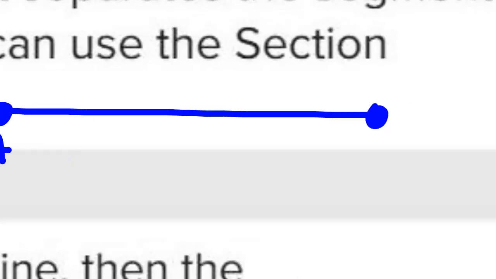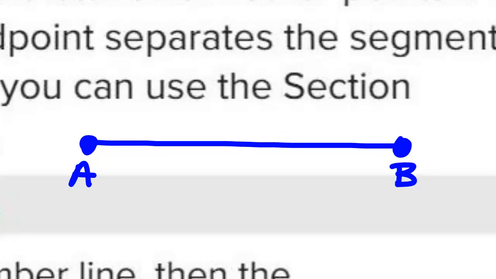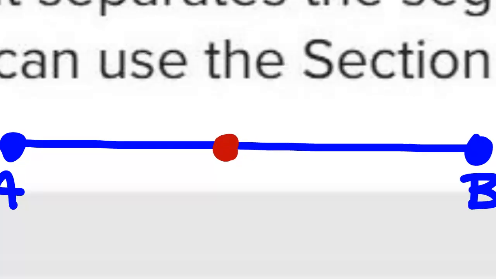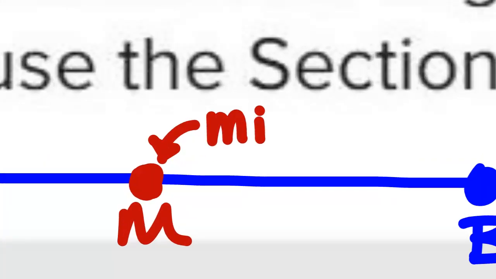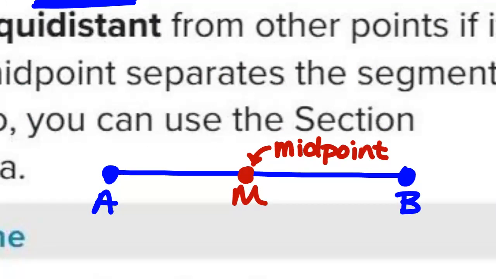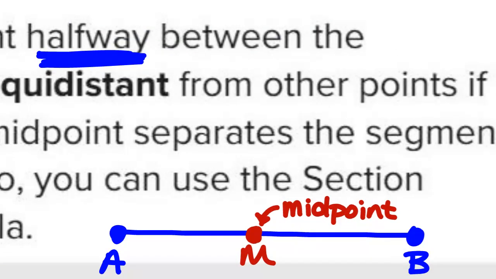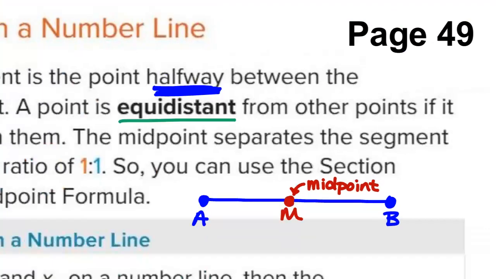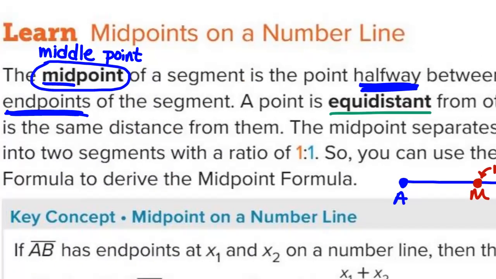So if I have segment AB, and this point right here, I'm going to call this point M. If this is the midpoint, it is exactly halfway in between points A and B. We would say that it is equidistant. That means it is the same distance.